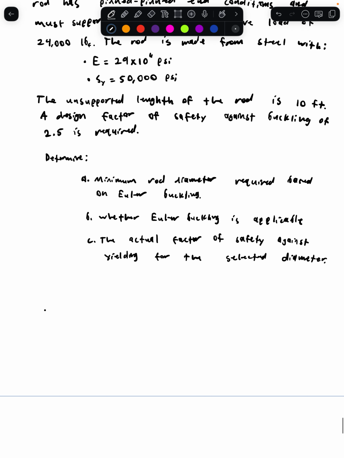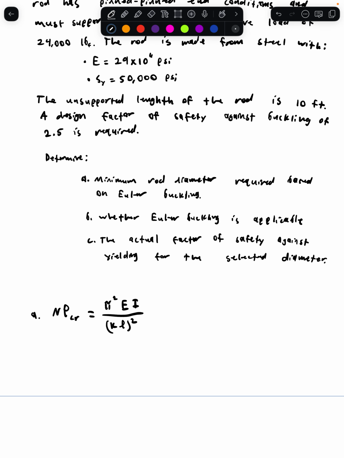Okay, for A, we know we're using Euler buckling, so we're going to use this equation: critical load equals pi squared times E times I divided by K times L squared. Since we're doing a factor of safety, I'm going to multiply the critical load by 2.5.